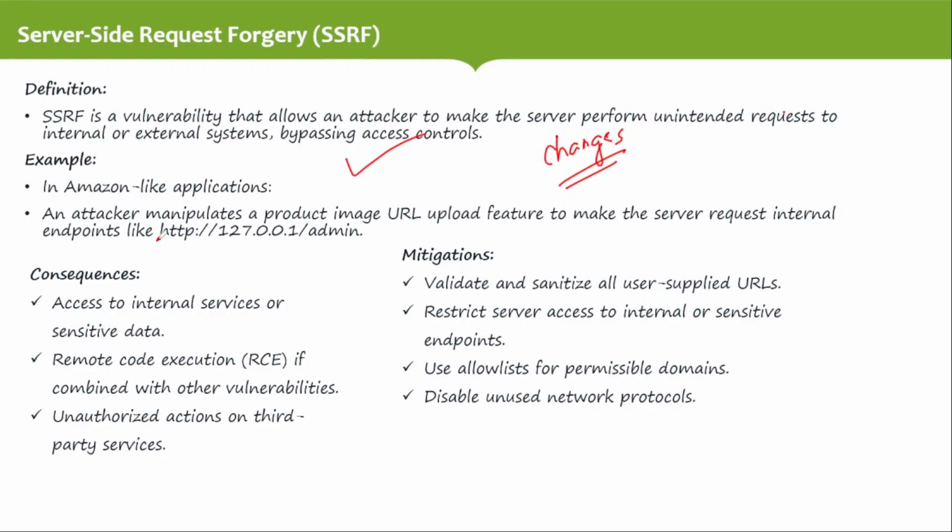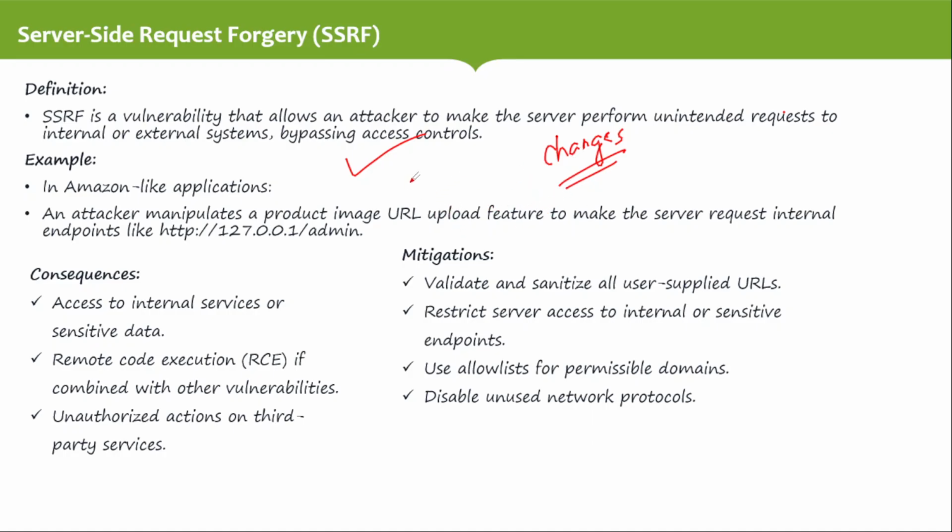So let us take an example now. In Amazon-like applications or any other application, such as Myntra, there will be a feature where you can put a product URL and upload it.